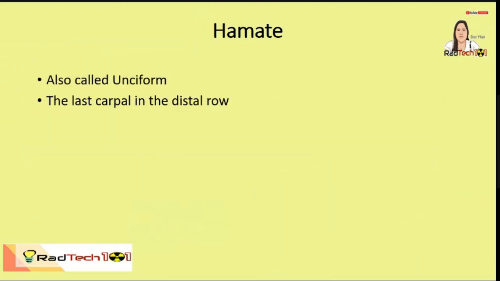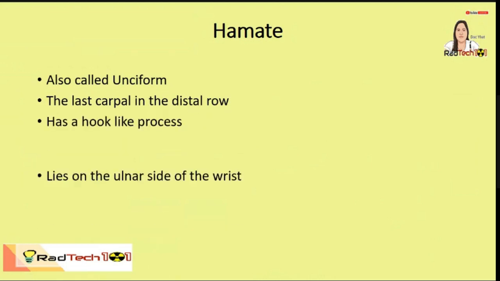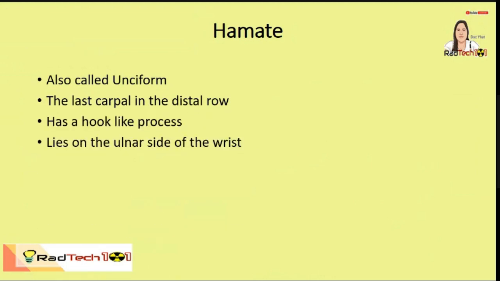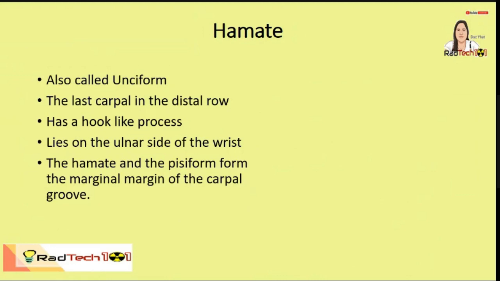Then last, for the hamate, also called the unciform, this is the last carpal in the distal row. Pero again, if you're going to number it, this is the fifth. Fifth siya, after the pisiform. Just like what I have numbered earlier. So it has a hook-like process or appearance.